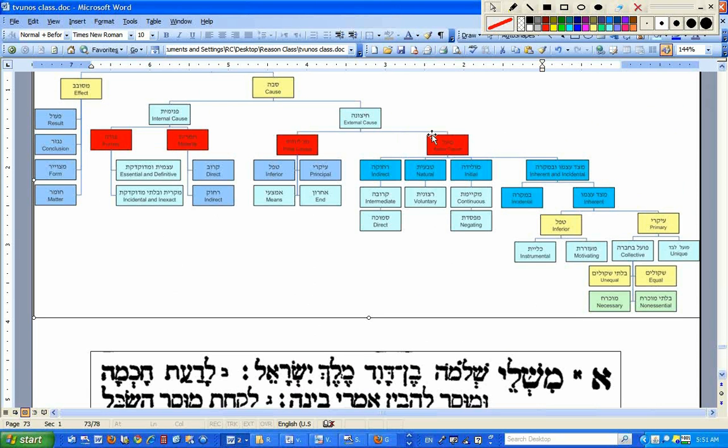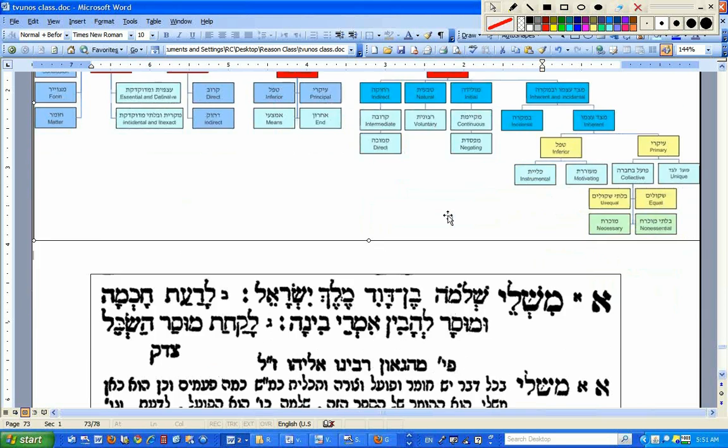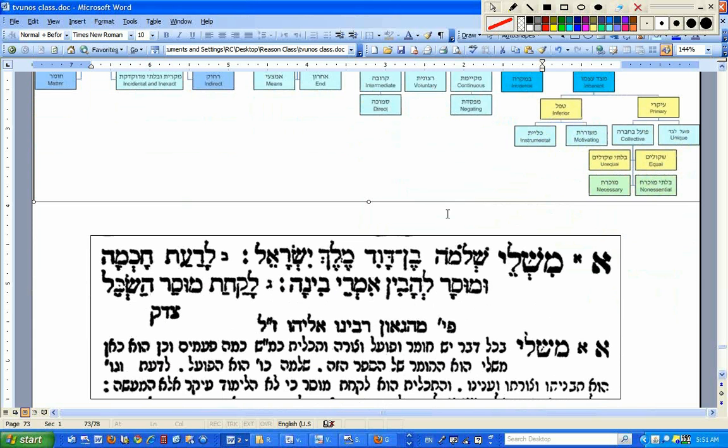Those are the four things that the Ramchal mentioned. He broke them up between the internal causes and the externals, and here we are with the Gaon saying it.